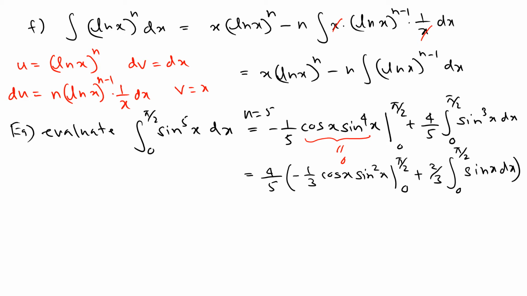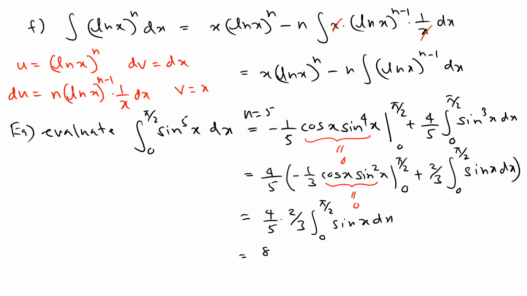That's what you get. Now again, same argument: this is going to be 0, so it's gone. And then you're going to get 4/5 times 2/3 times the integral from 0 to pi over 2 of sine x dx, which is easy.